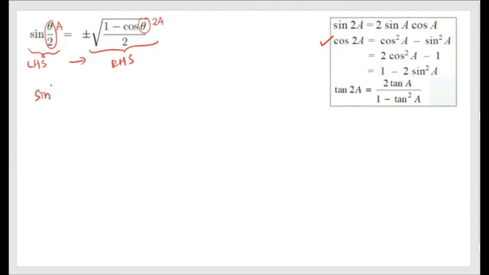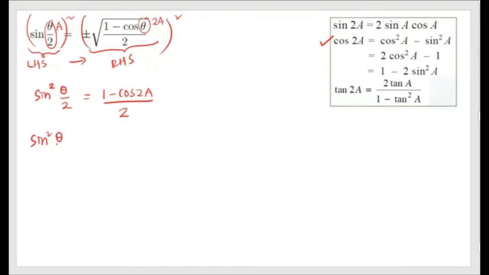We square sine, because I don't want positive and negative, so I square it. This one squared, this one squared. It becomes sine squared theta over 2 equals 1 minus cos 2A over 2. Because I don't want the surd. Now, how are we going to prove left-hand side equals right-hand side?